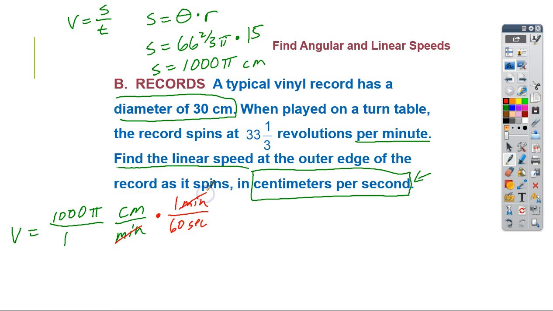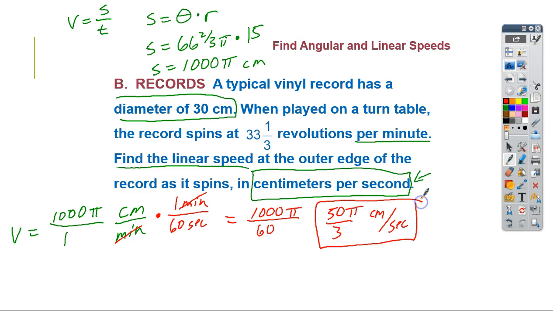Cancel out that minute with that minute, and I'm left with centimeters per second. When I do this, it is equal to 1,000 pi over 60 seconds, which equals 50 pi over 3. Now I'm in centimeters per second. There's my answer.